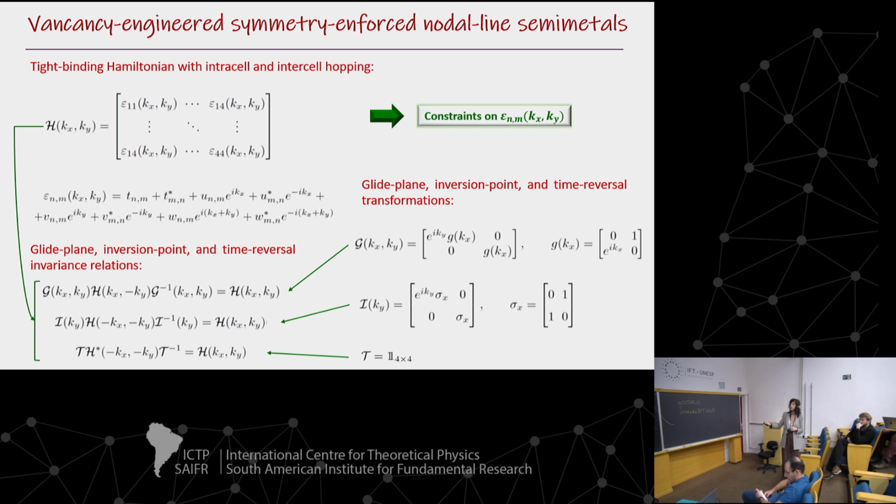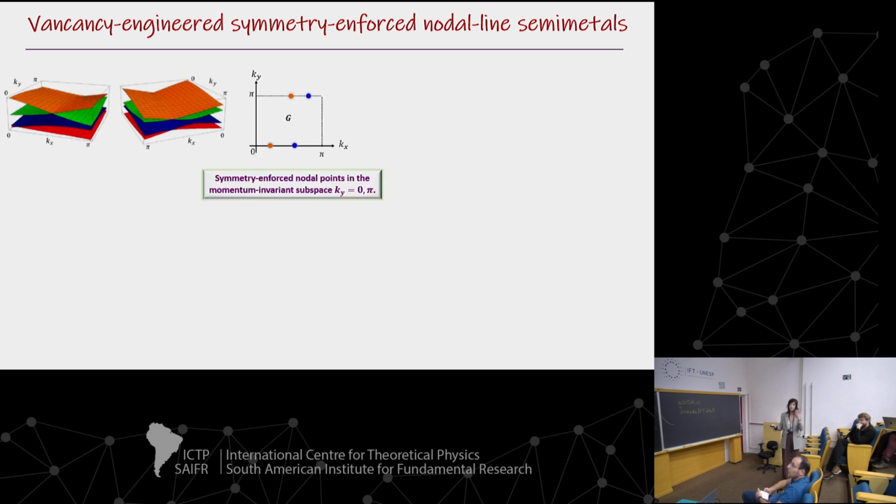extract the constraints on the entries of the matrices, and you just can do this diagonalization with Mathematica, and you see that if you go step by step, first you impose glide symmetry, and you do get this, that these four bands will necessarily touch at, in this case, 2 points along kx, 1 point for one pair of bands, and another point for the other pair of bands. And for ky equals 0 or pi or minus pi.